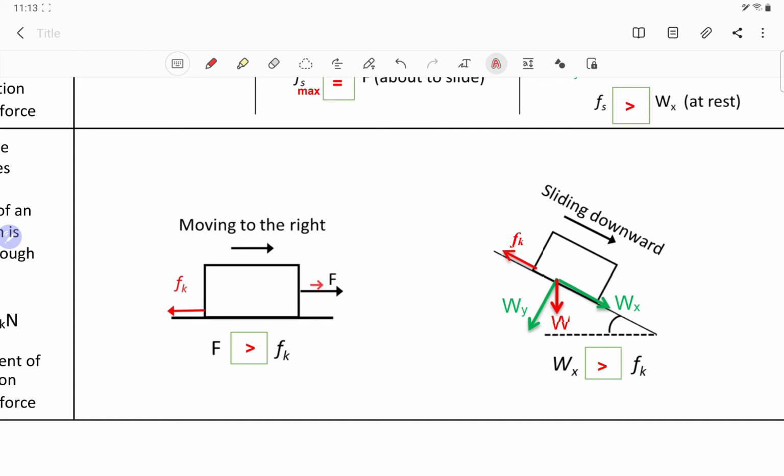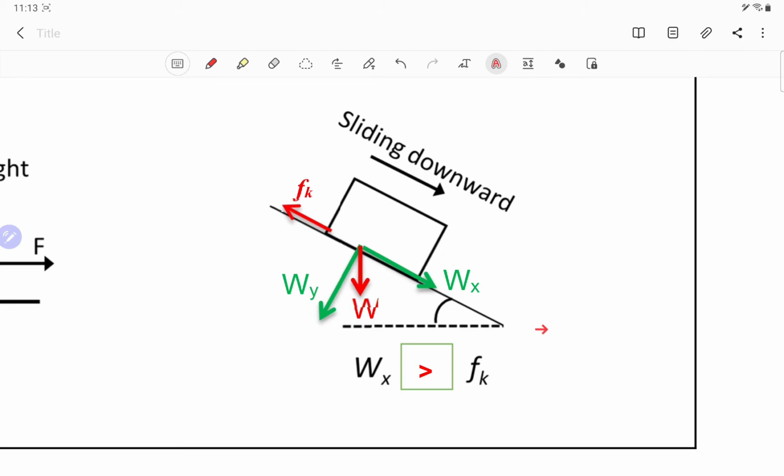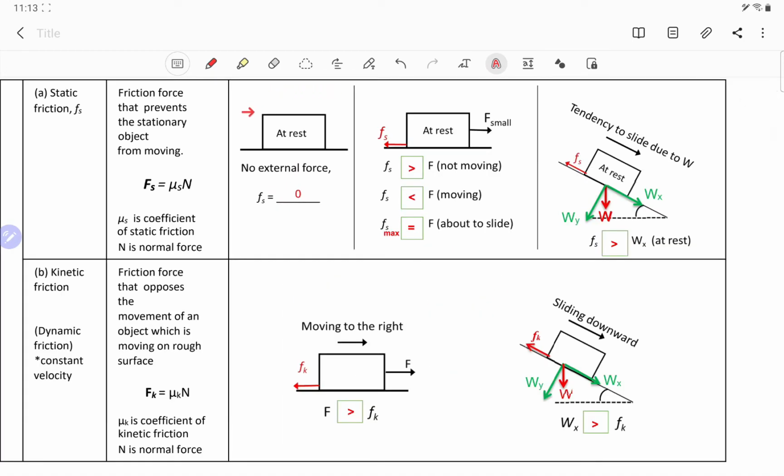When we apply a force greater than Fk, dia akan bergerak. Walaupun objek ni bergerak, dia masih ada geseran. So this is what we call kinetic friction. In the case when the object is sliding down, objek tu tengah bergerak turun bawah, so di sini Wx is greater than the Fk. So the conclusion is that when the object is at rest, dia ada geseran statik, dan apabila objek itu bergerak, dia ada geseran kinetik.